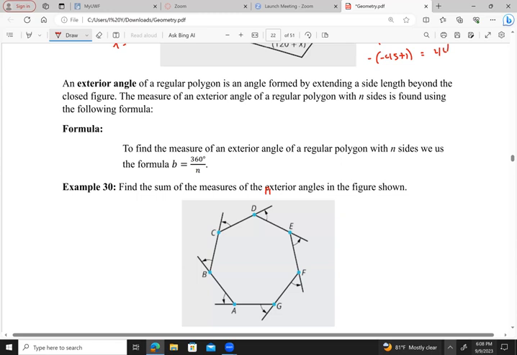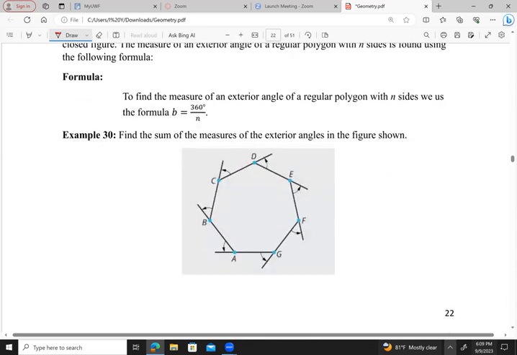To find the sum of the measure of the exterior angles in the figure shown, we need to know the number of sides. 1, 2, 3, 4, 5, 6, 7. So B equals 360 divided by 7.